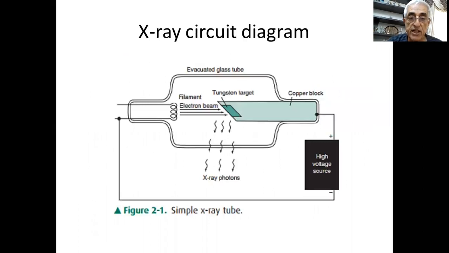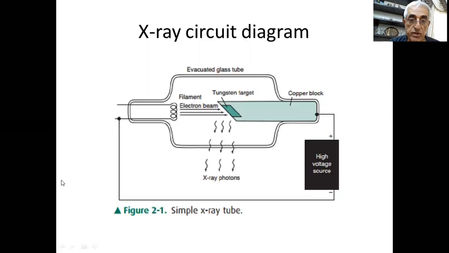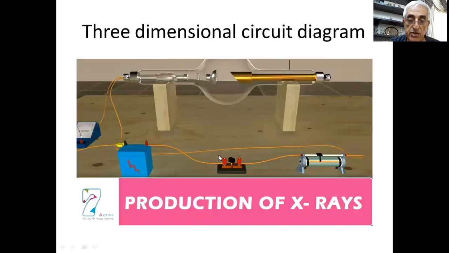This is a circuit diagram for producing X-rays. Here we have a high voltage for accelerating electrons, and a beam of electrons produced here strikes this target, which is made of tungsten, and then X-rays are produced and come out.